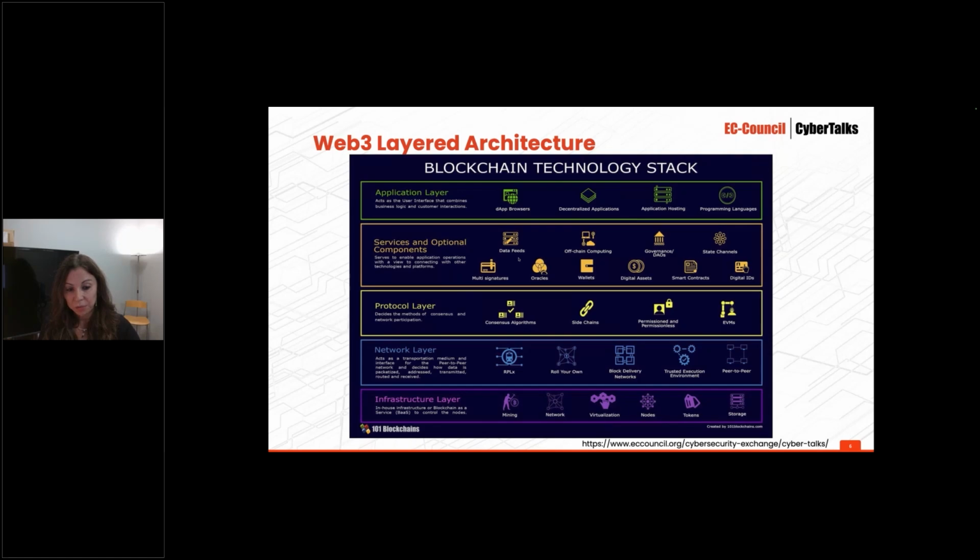You can see you start with an infrastructure layer, a network layer, protocol layer, and services, optional components, maybe for helping with scaling, kind of getting into the application space or the logic space with smart contracts, for example, and then your decentralized applications.